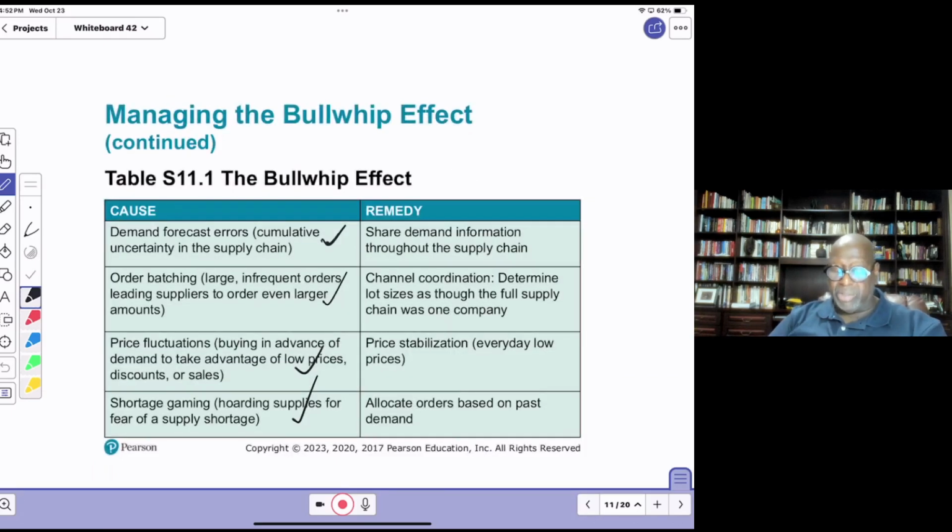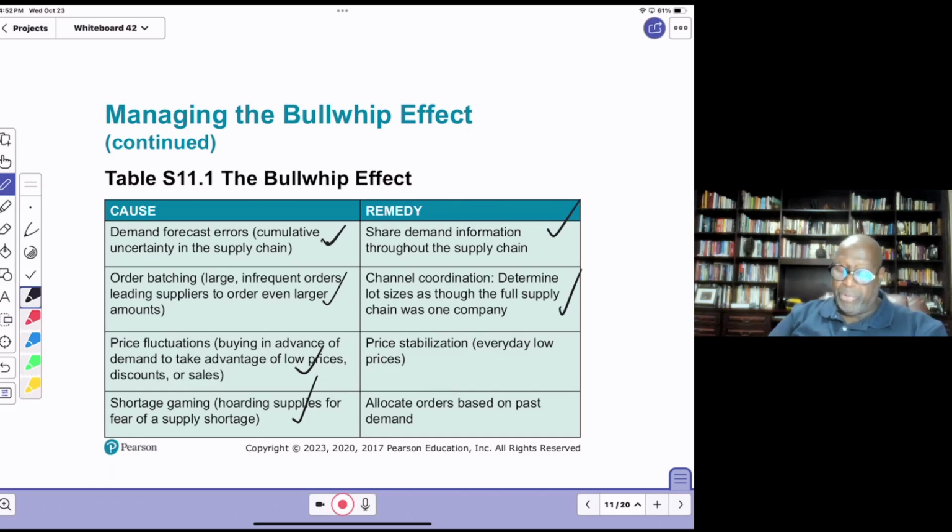So there are some suggestions. You could share information. You could do better coordination across any distribution channel so that you have, as much as possible, lot sizes that make economic sense, but you don't fluctuate them too much, right? And then do price stabilization. Keep your prices stable so that you don't have these radical fluctuations in your demand.